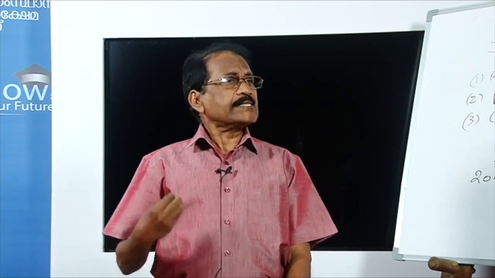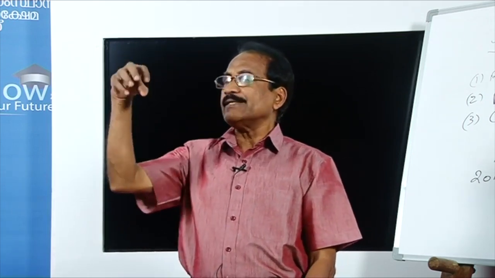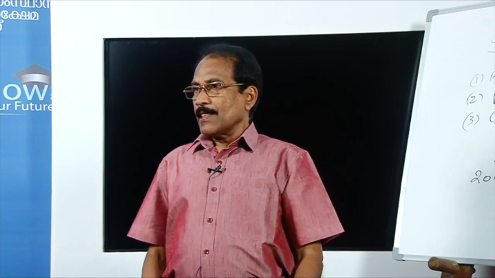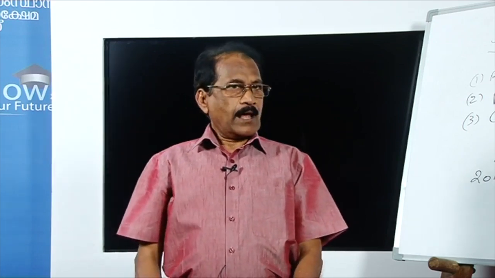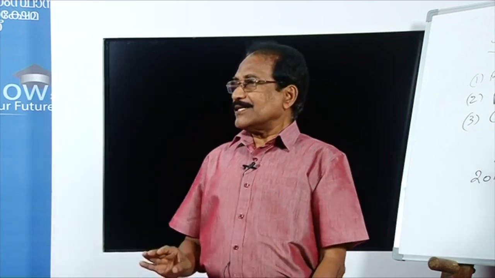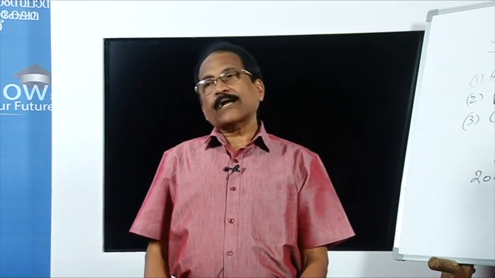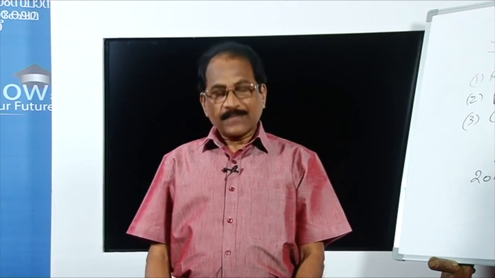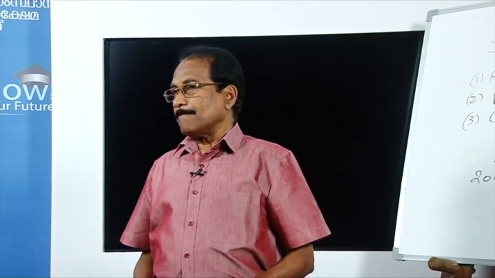The socialistic government is responsible for the introduction of many programs for a faster development, and now it is known as Nava Kerala Karma Paddhati, which mainly consists of 4 components. Number 1 is Harita Keralam Paddhati.